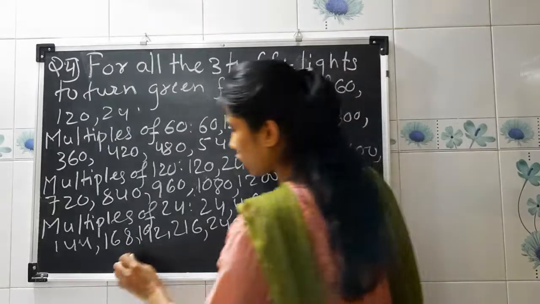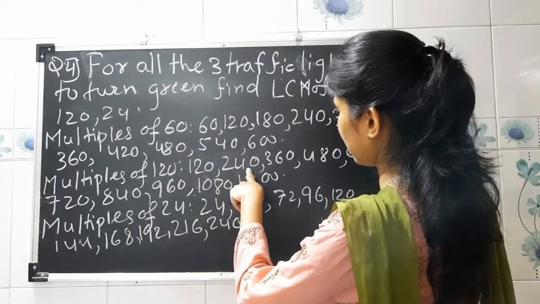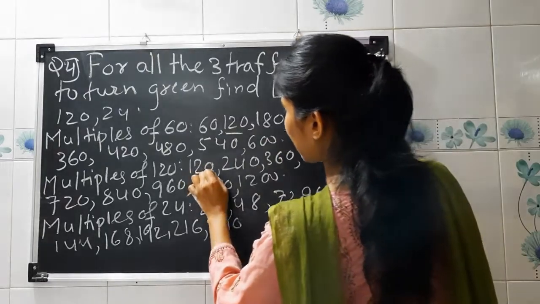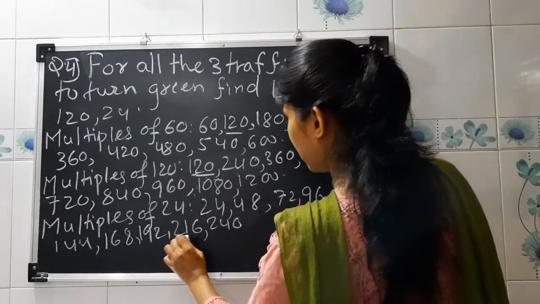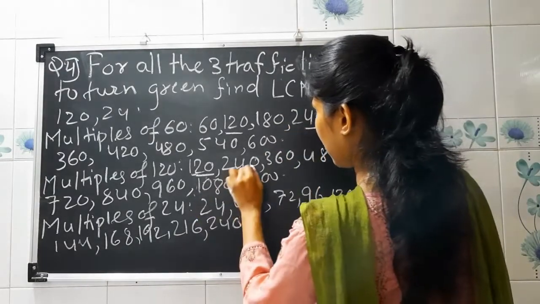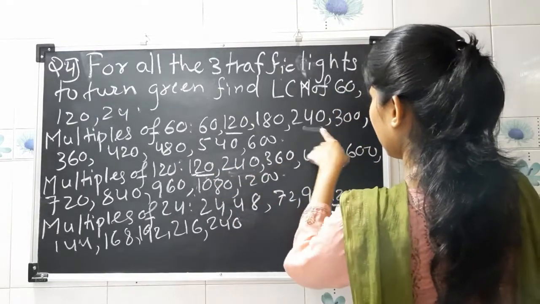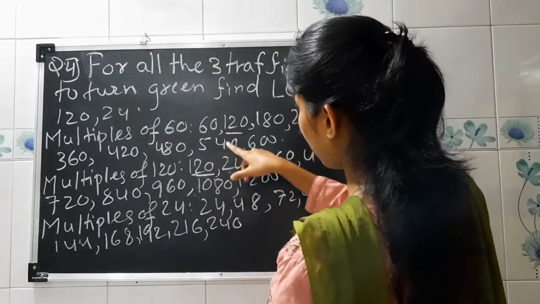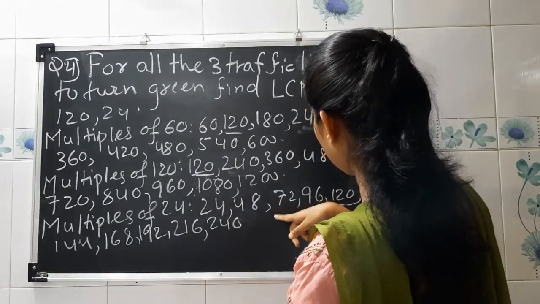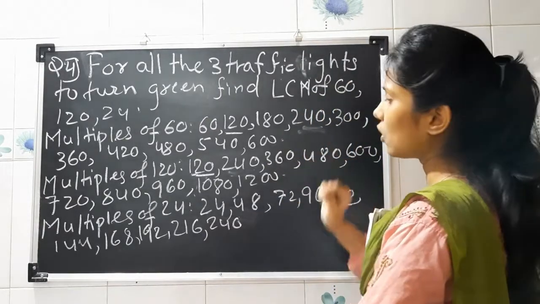Now we need to find the common multiple. Which is the common multiple? Here 120 is the only common multiple.